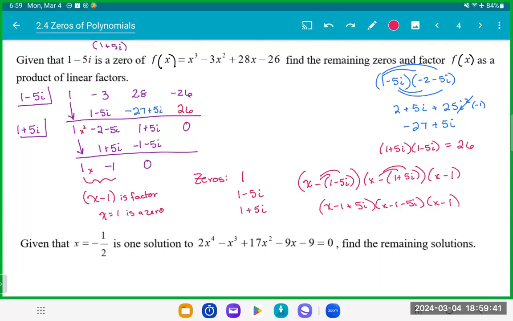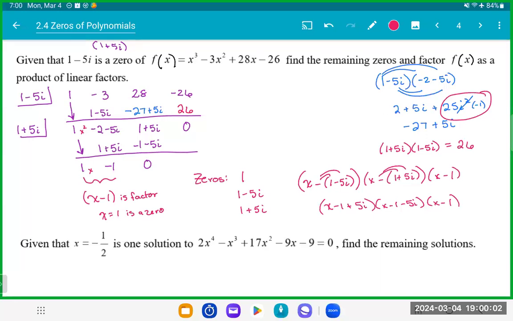And then negative 5i times negative 5i, that's positive 25i squared. And remember, i squared is the same as negative 1. So that makes this right here negative 25.